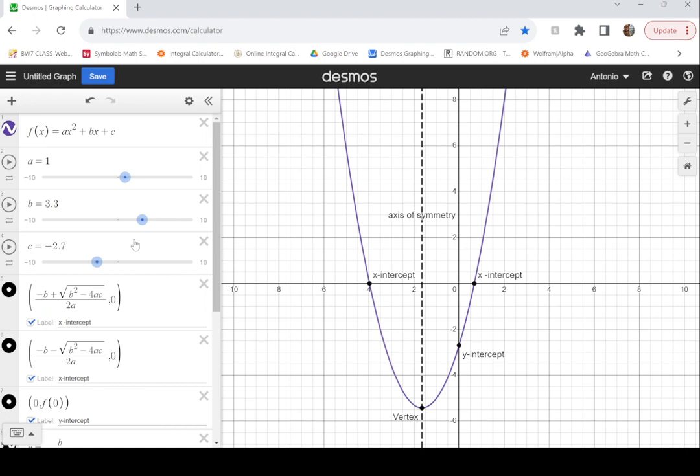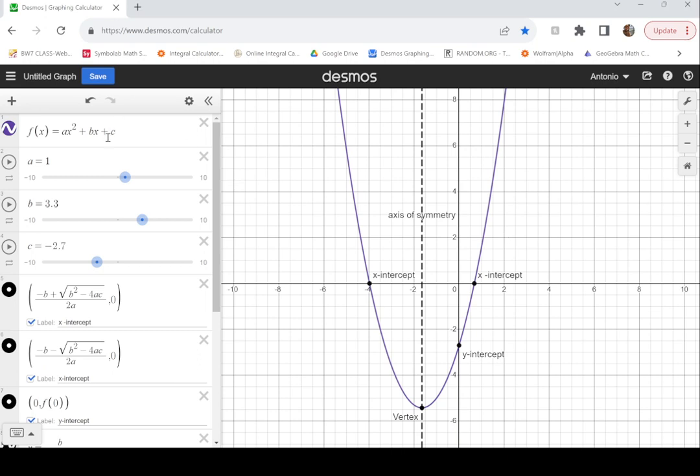As you can see here, the graph of any quadratic is this kind of U shape. And this U shape is what we call a parabola.